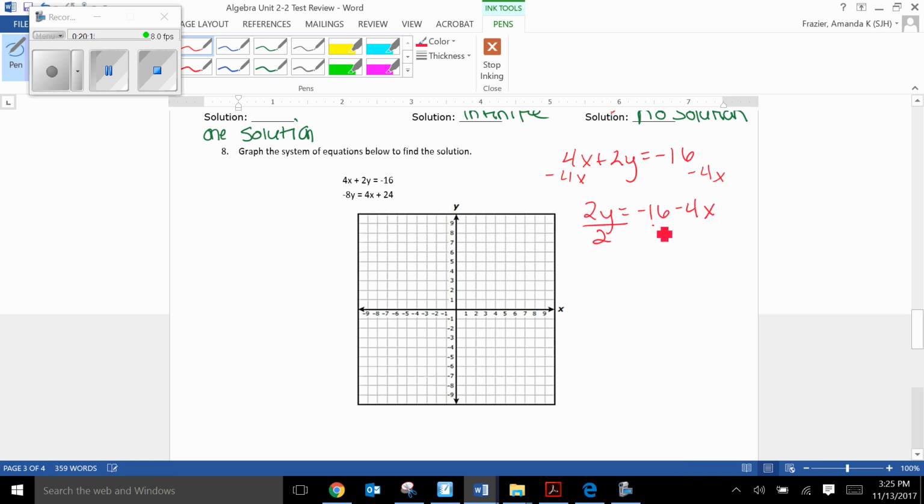Then I need to divide by 2. Y equals negative 8 minus 2x. Okay. Negative 8 is my y-intercept. And my slope is negative 2. So that means it's going down 2 and over 1. And I can continue that working backwards if it's going down 2 and over 1.